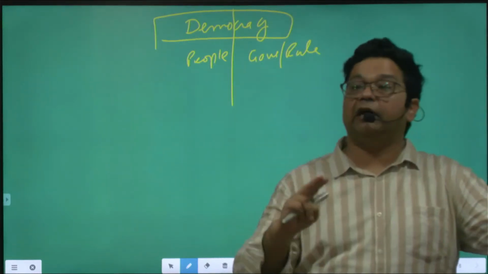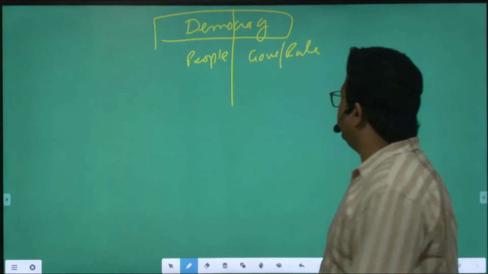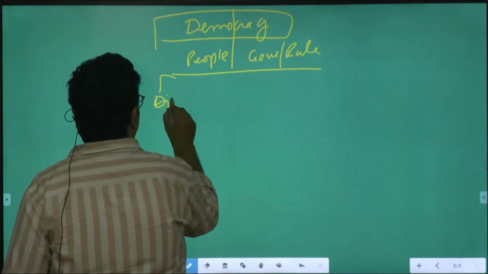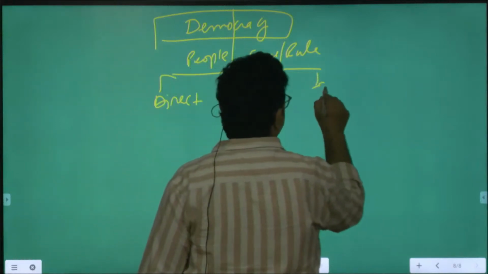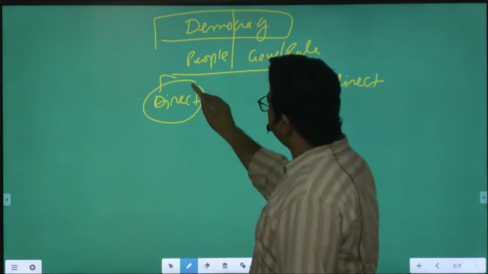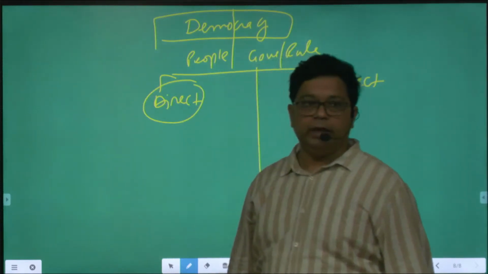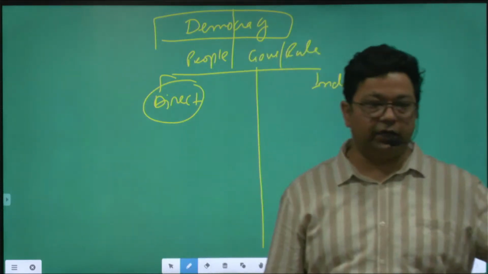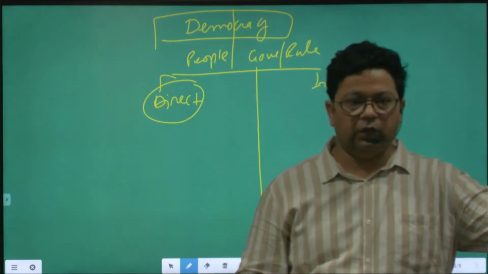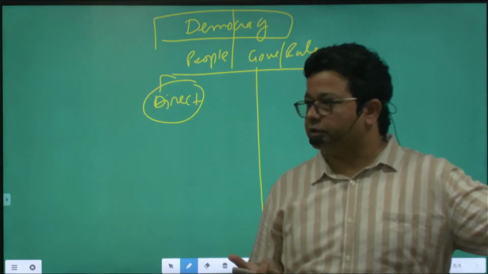Now the people have two options to rule. One is direct democracy, and one is indirect democracy. When we talk about direct democracy, it means where people are involved directly, right? When we say India is a democracy, what does it mean?